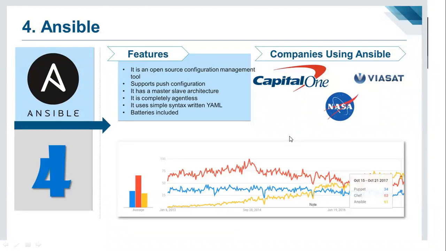So this is the pull mechanism. It is the agent's responsibility to run at a regular interval, negotiate with the server, download the code, and execute it locally. The problem here is that monitoring this agent is also an overhead on the environment.